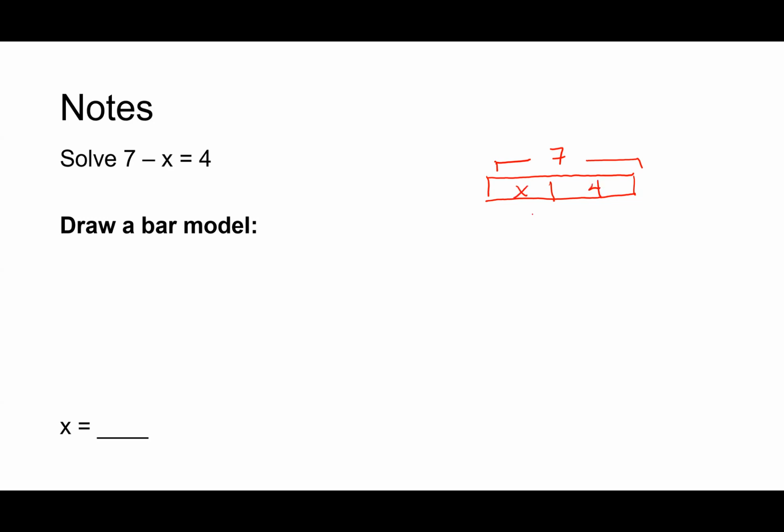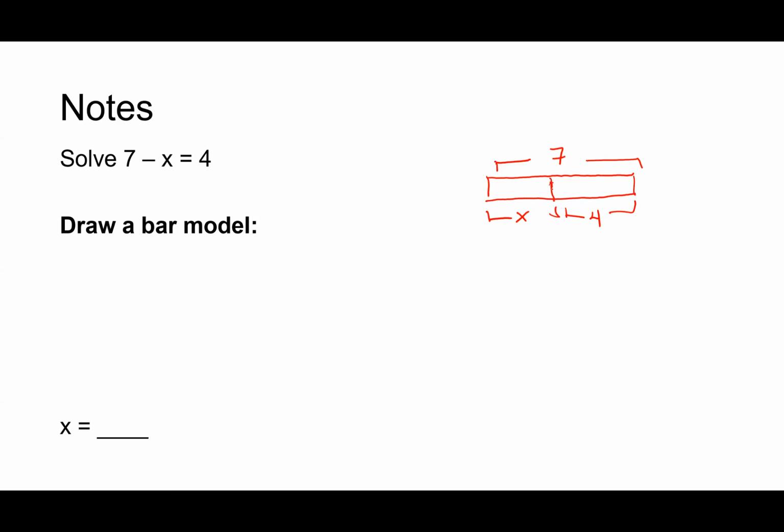Are you guys used to drawing your part like this with the parts in the units, or do you draw them underneath like this? Does it depend on who you were in class with? Yeah, they've done different. So for you guys, you can hang with me whichever way I do it, right? Good, because I prefer them underneath like this.